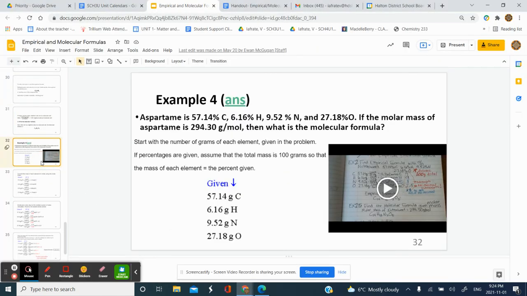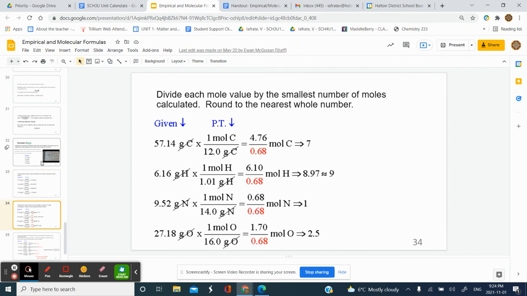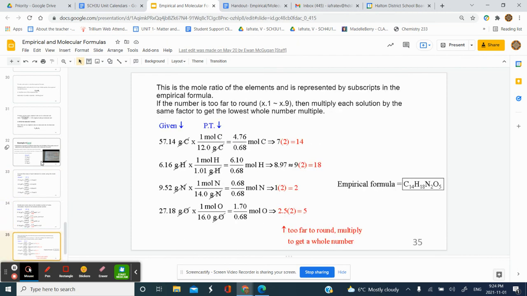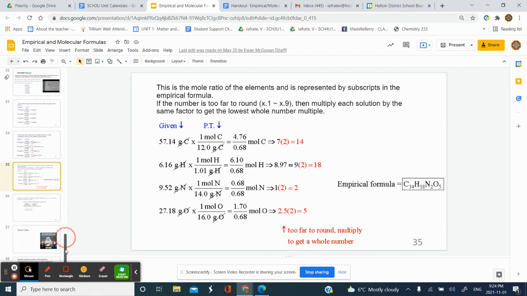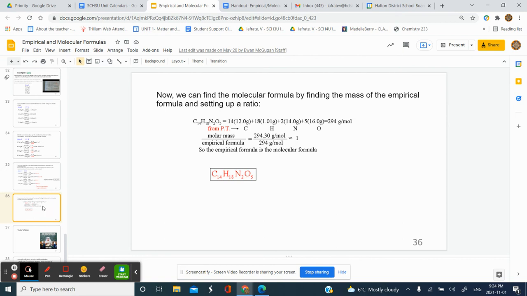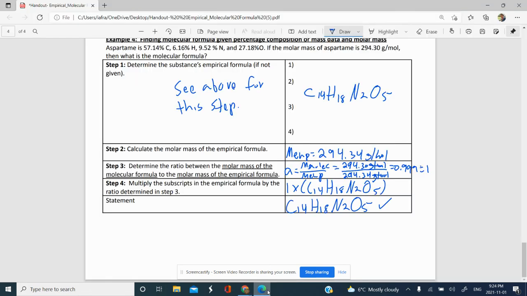This was the example with aspartame. And if you take a look at all the work, you get your final formula of C14H18N2O5 for the empirical. And if you want to find the molecular, you do your multiplying factor. You get approximately 1. Multiply everything by 1, and you get the same formula in the end. So your empirical was your molecular formula.